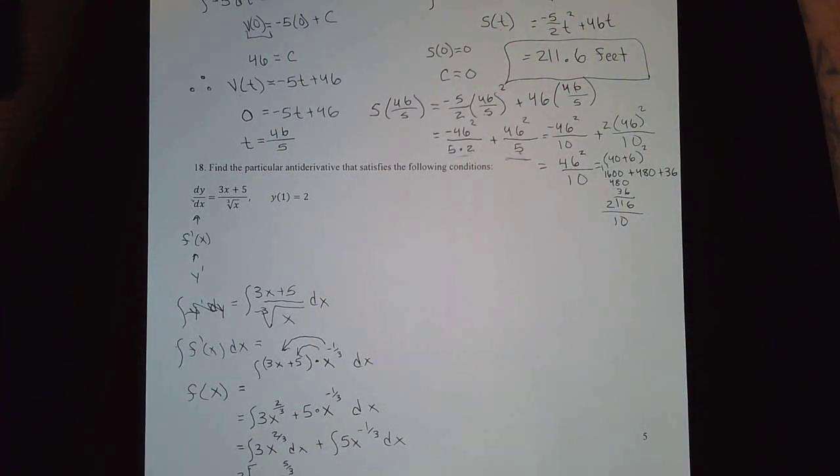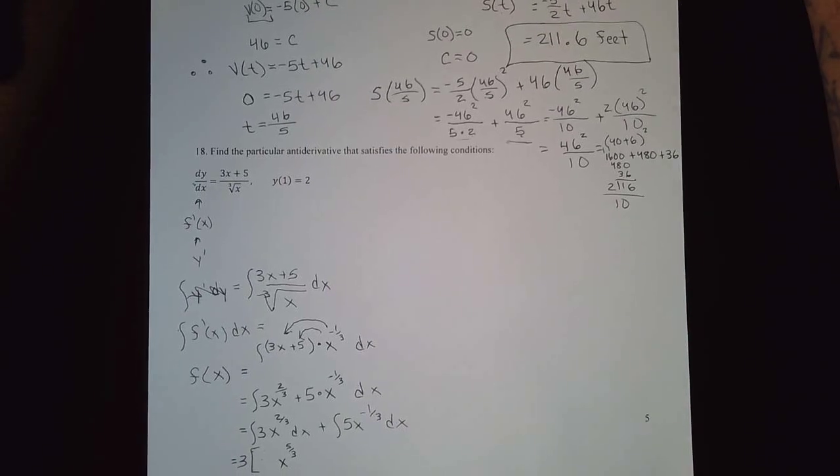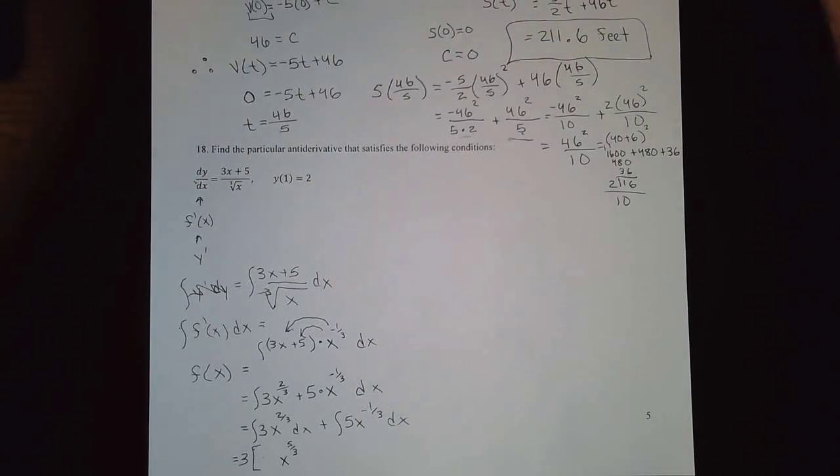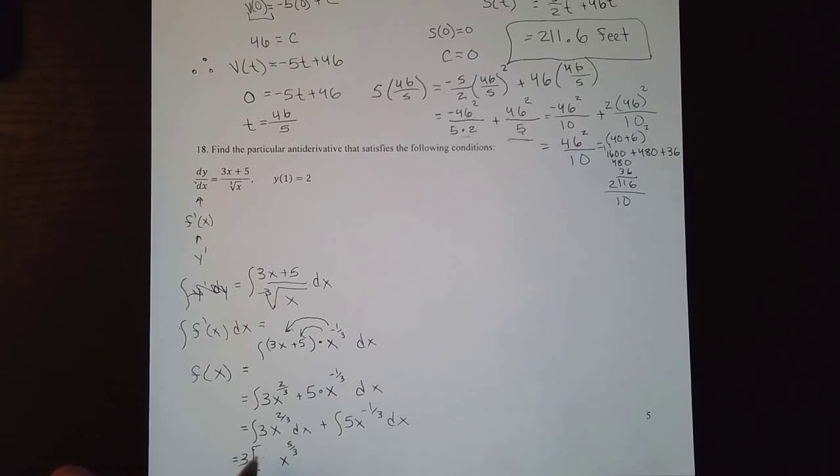I might have to move it down a little bit. So now we would technically have to put 3/5 right there. And then we're going to add 5 times negative 1/3 plus 3/3. That's x to the power of 2/3. And now we have to do the reciprocal of that. So we get 3/2 x to the power of 2/3.